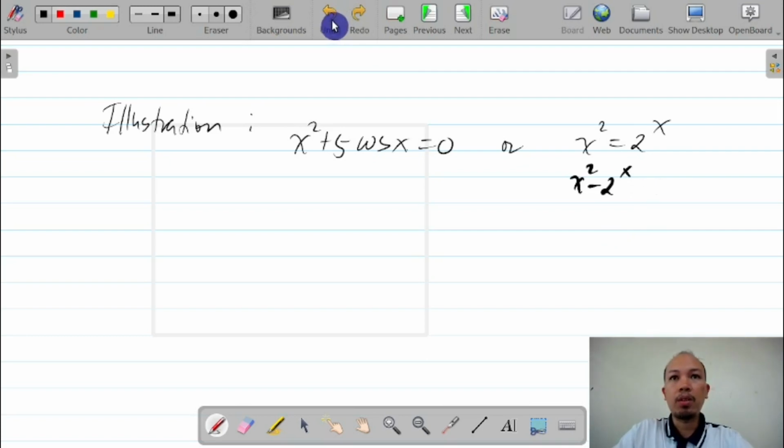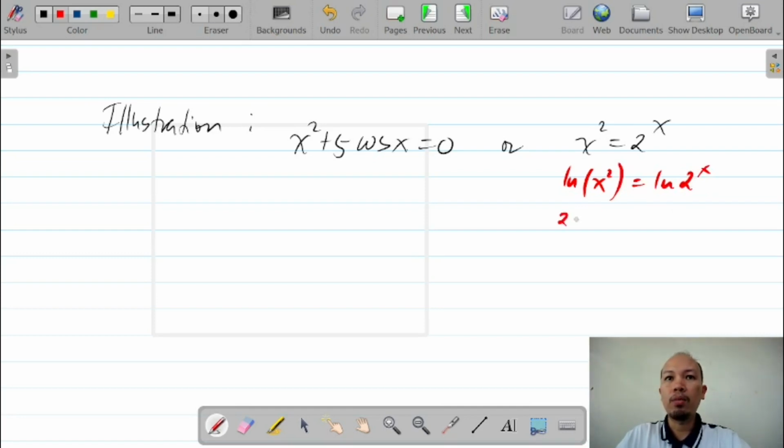Or perhaps you can take the log of both sides, ln of x squared, ln of 2 to the x.